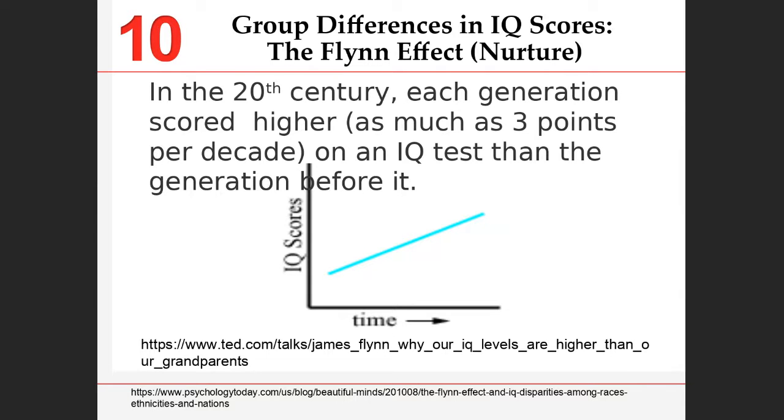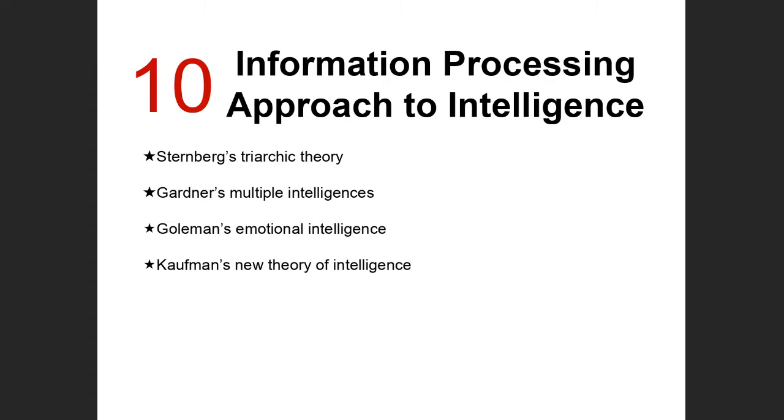But one of the things about differences in IQ scores is that the tests are more formulated for people from a Western European background, and so people who come from different cultures, different backgrounds, have scored differently, and the information processing psychologists such as Sternberg and Gardner try to look at how intelligence is used, and they say that intelligence is not just one thing, it's many things.